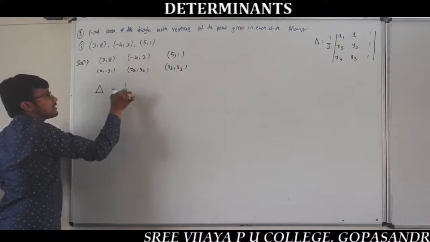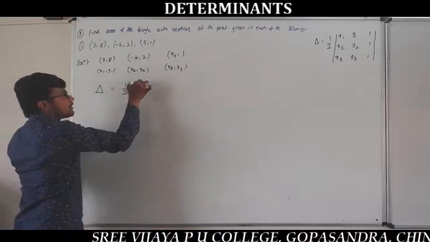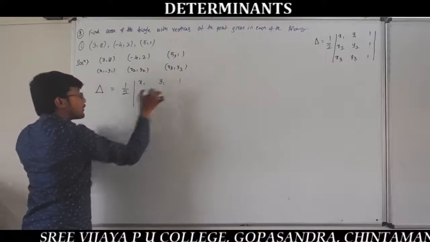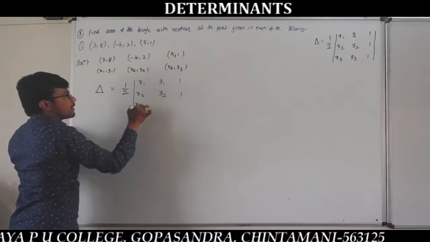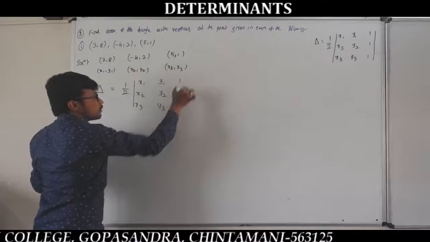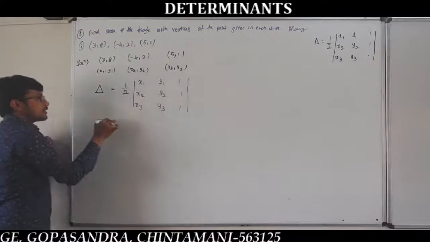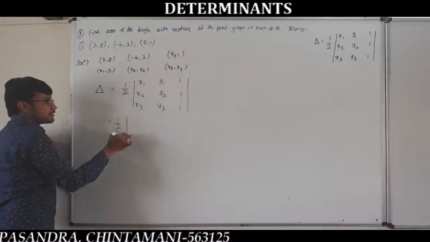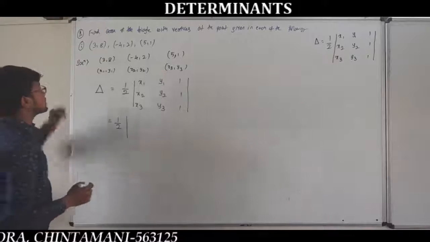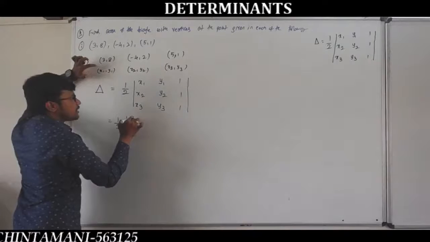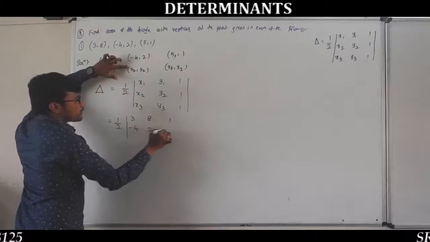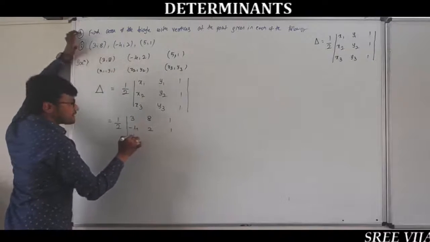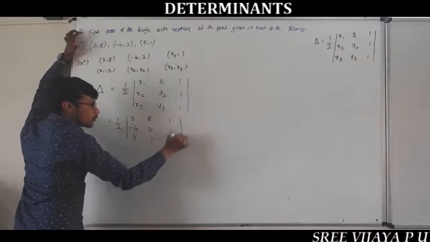The formula is 1 by 2 determinant of x1, y1, 1, x2, y2, 1, x3, y3, 1. Just substitute: 1 by 2 times the determinant of 3, 8, 1, minus 4, 2, 1, 5, 1, 1.